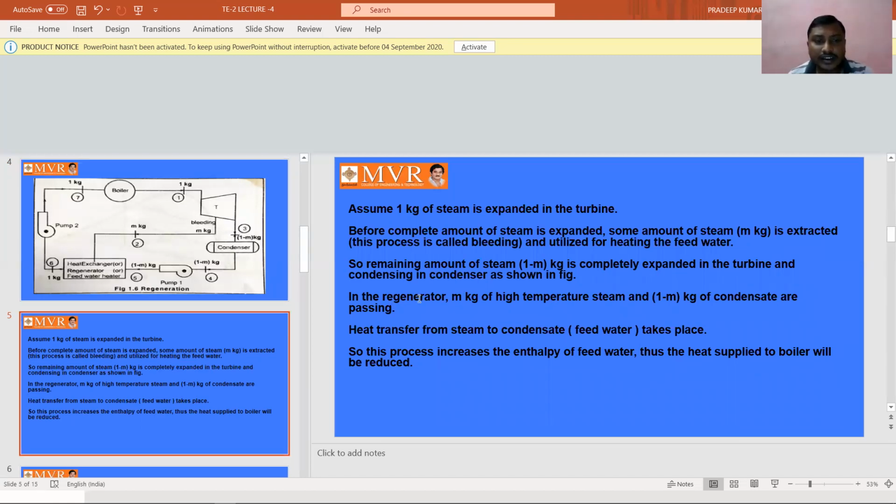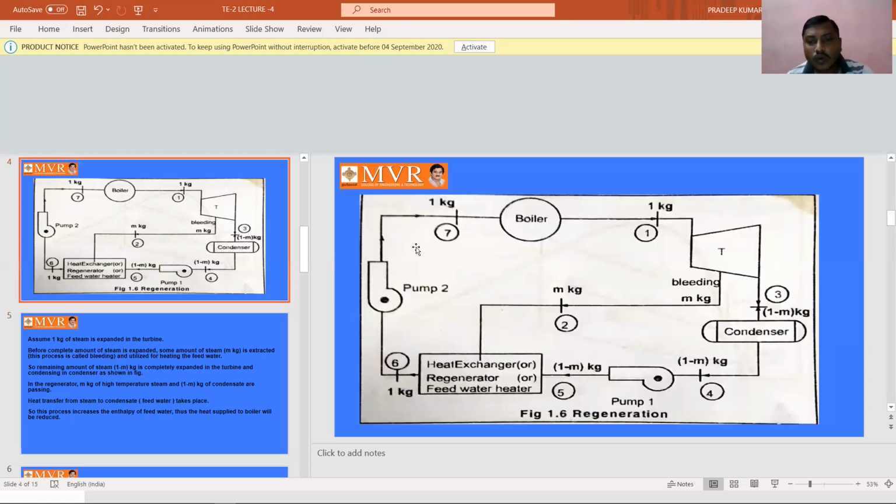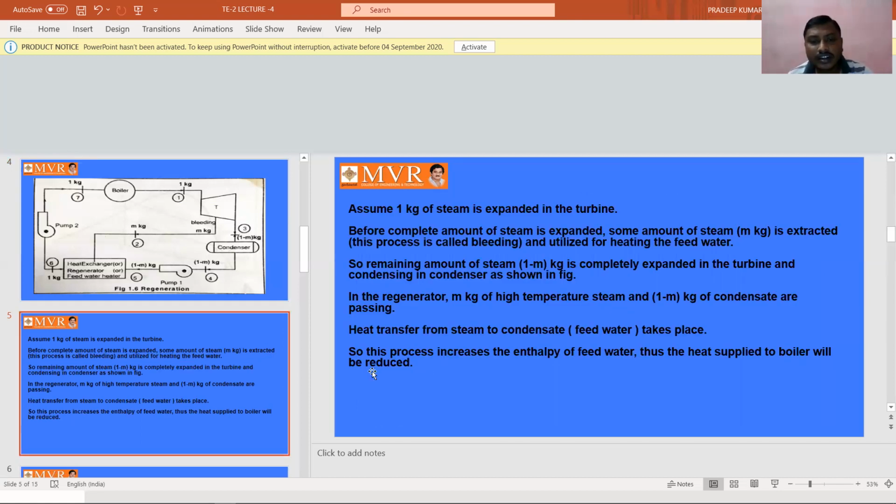In the regenerator, m kg of high temperature steam and 1 minus m kg of condensate are passing. Here heat transfer from steam to condensed feed water takes place.